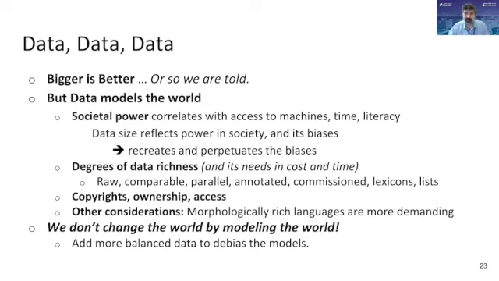Time means money. You have to get people to donate their time, donate their effort to create it. And guess again, it relates to power again. Who has the money and the time to be doing this, etc. So it's definitely connected. Not mentioning copyright ownership issues, which are always kind of blocking our process.